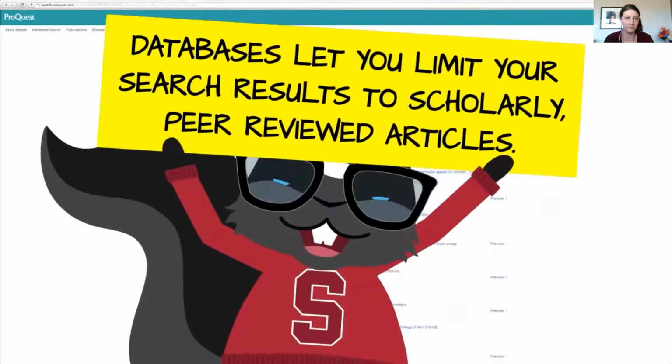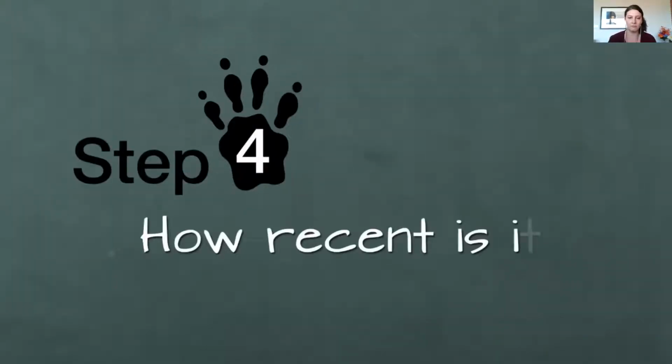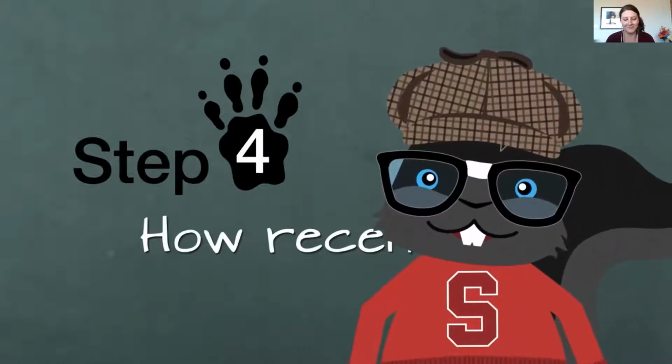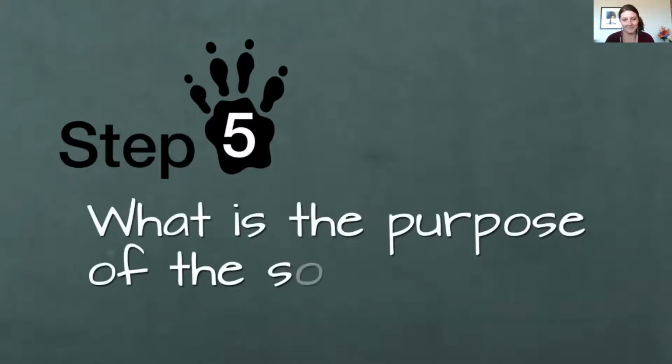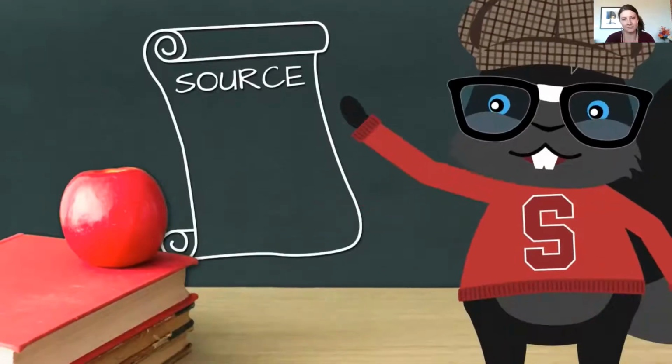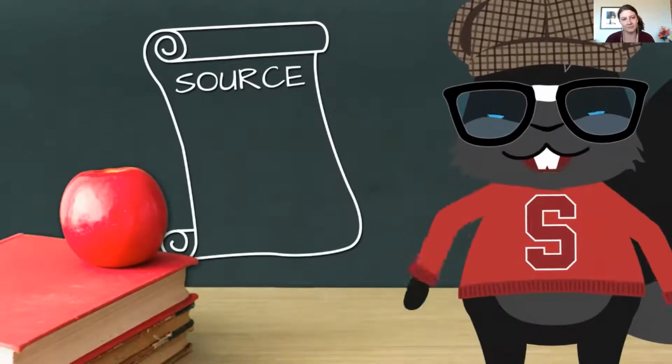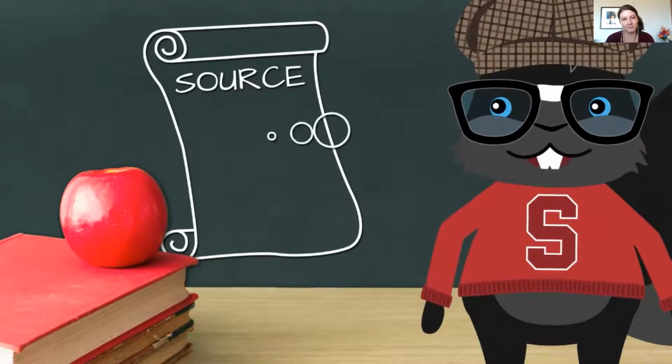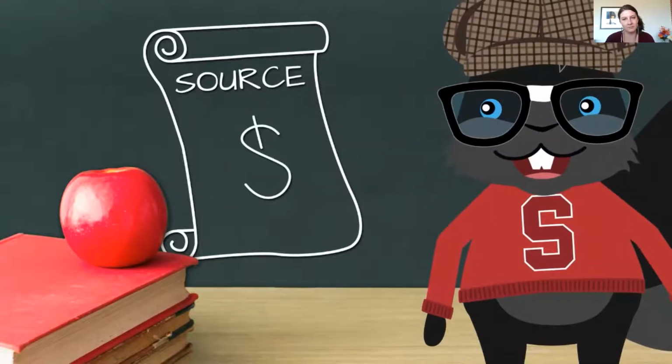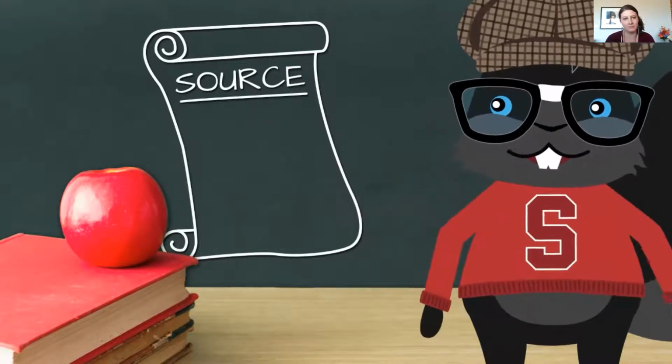Databases let you limit your search results to scholarly, peer-reviewed articles. Step 4. How recent is the source? And does it matter? Sometimes older is better. Step 5. What is the purpose of the source? Is it trying to educate? Provide factual information? Influence? Sell something? You can still use the source as long as you acknowledge its bias or perspective.